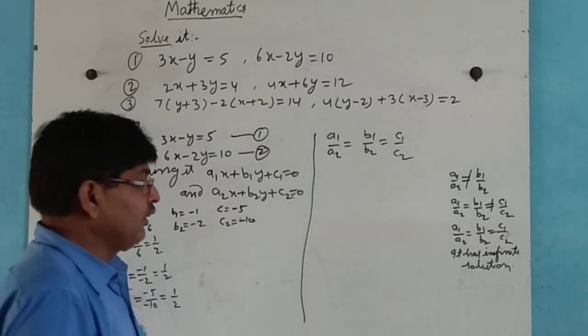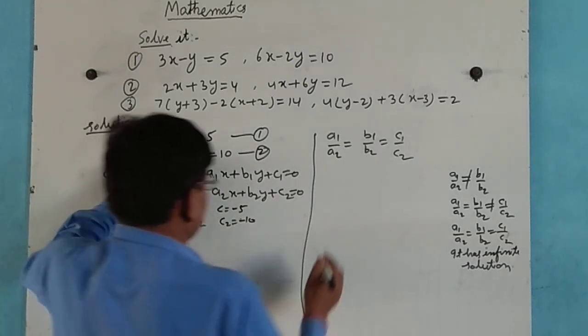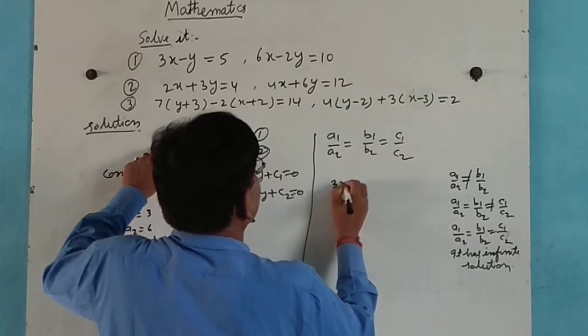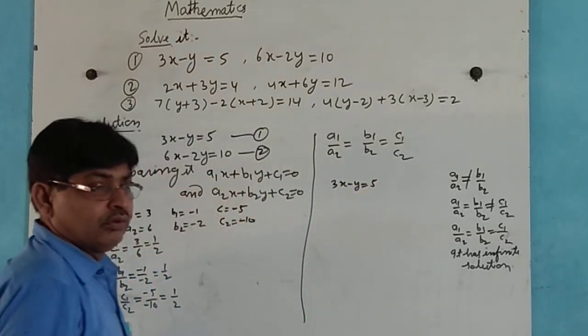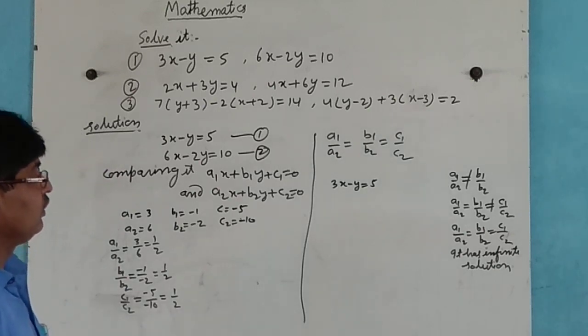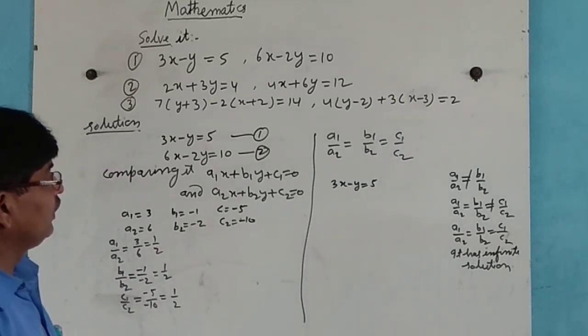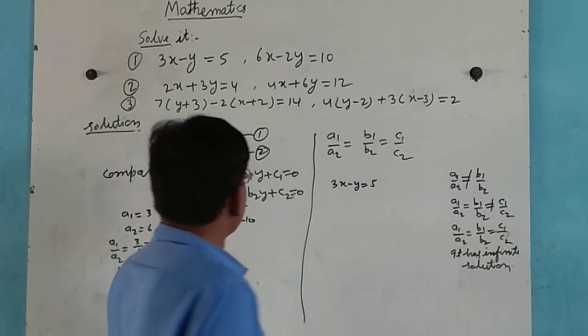Now, for the infinite solutions, we take 3x minus y equal to 5.